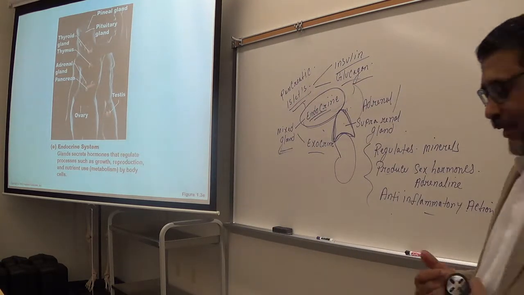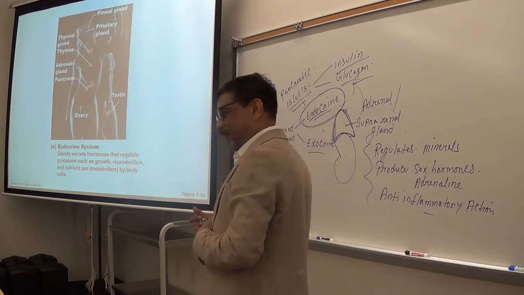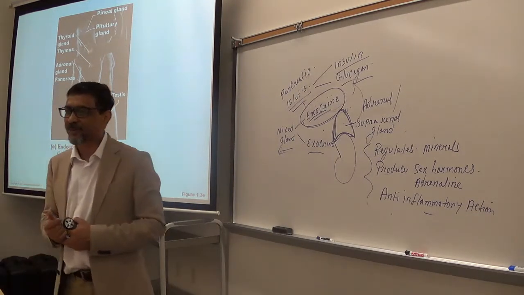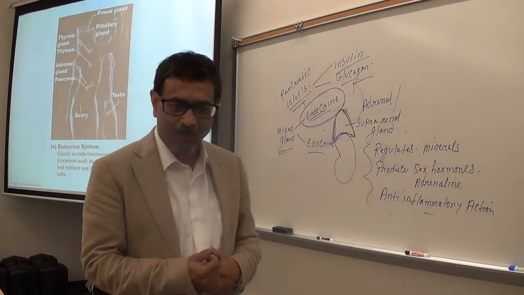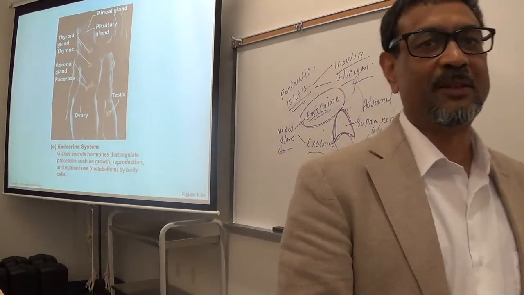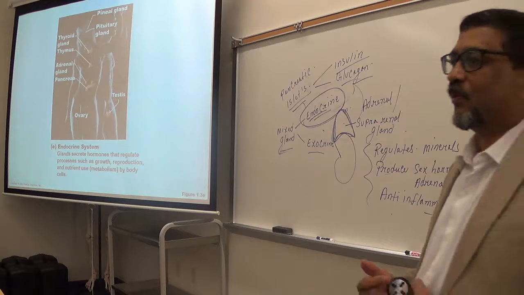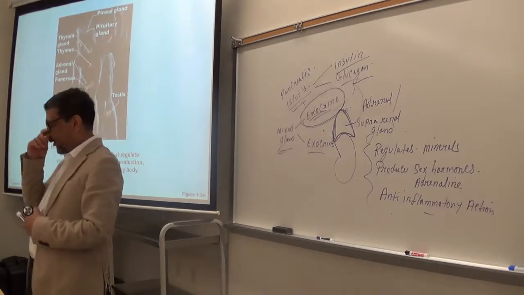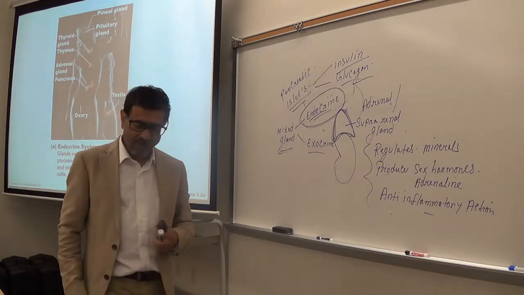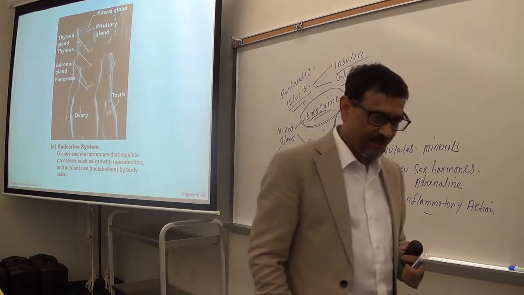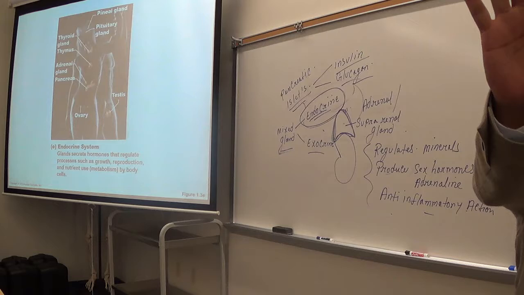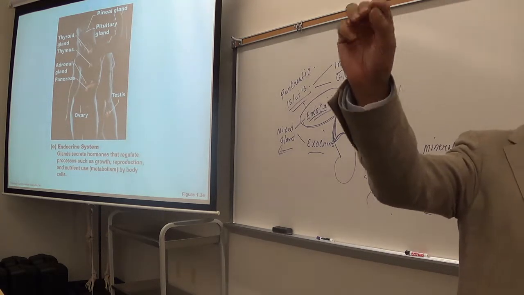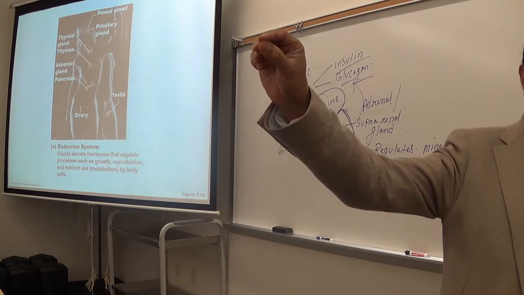So now you can see that these glands are different in male and female, right? In male body you have testes, in female body you have ovaries. And the function is production of sex hormones. In male, testosterone; in female, estrogen, progesterone. Gonads have other very important functions: production of sperm and egg or ova.